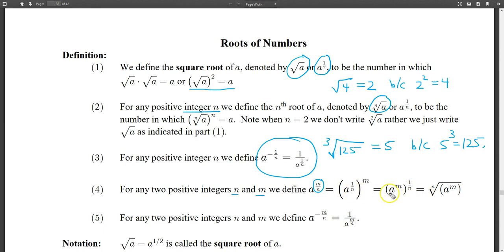We could reverse the order and say it's a to the mth power and then the nth root of this number. If we follow the rules of exponents, we would still multiply m times 1 over n, and we would get this back. Or we could write it like this, the nth root of a to the mth power. Either way is fine. We'll look at a few examples of this in a second.